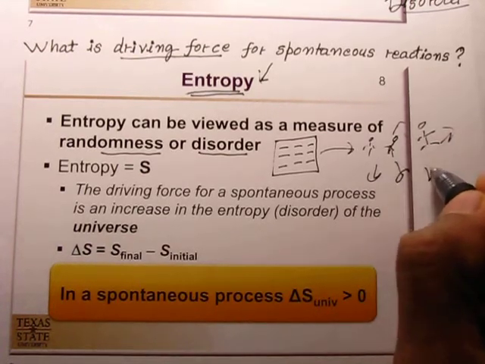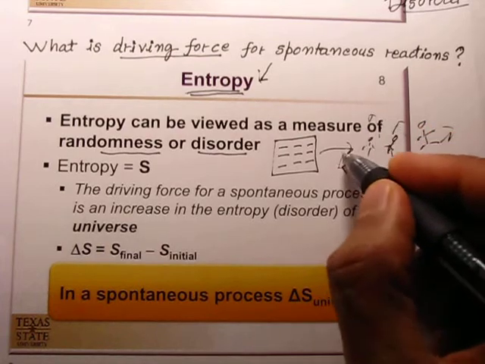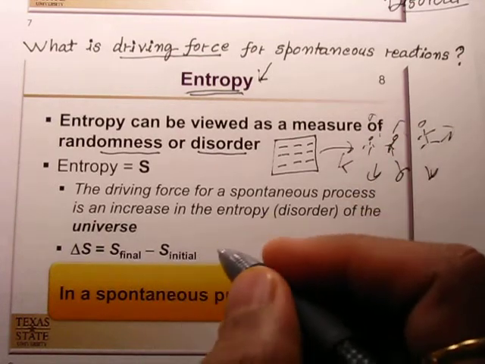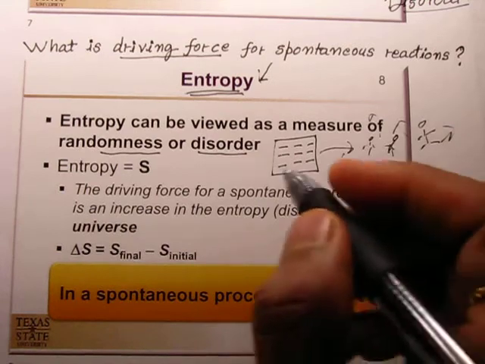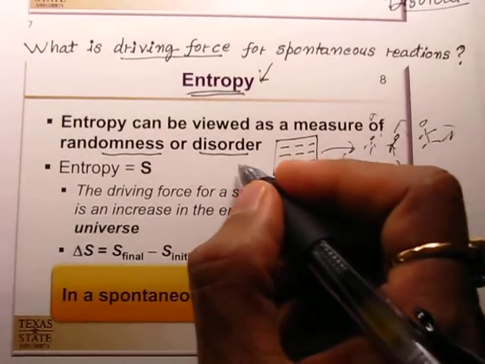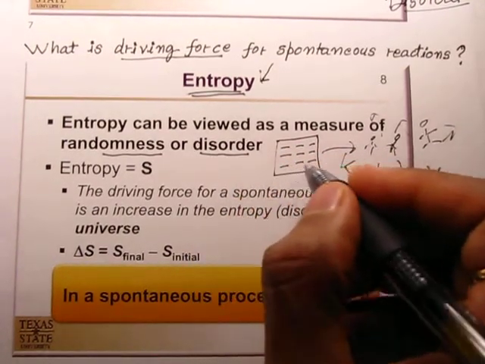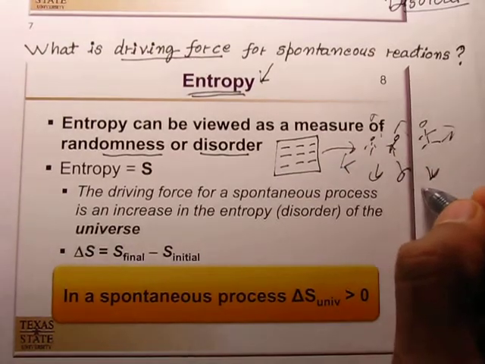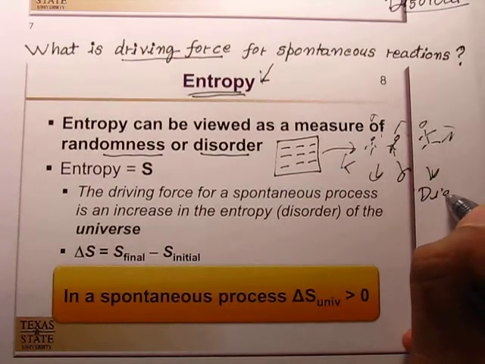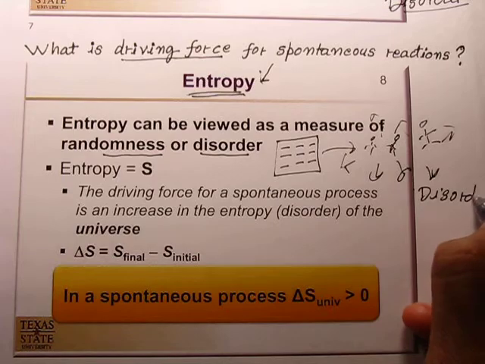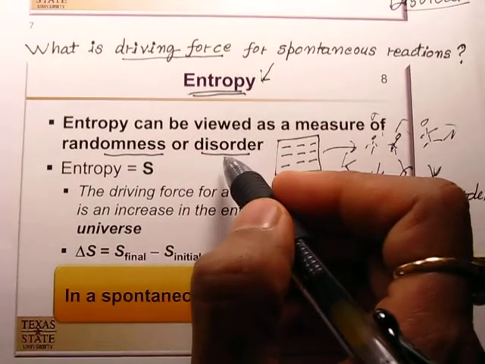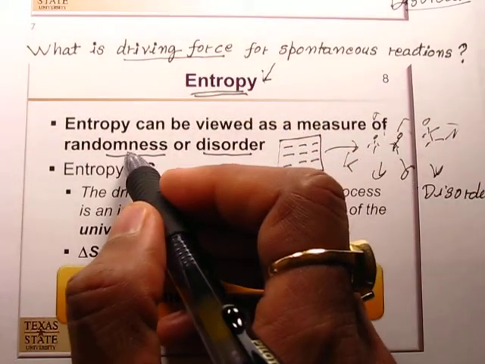In all directions students are going after class. So what happened here? Everything is in order, entropy is less. Here everything is in disorder, right? So entropy means disorder, entropy means randomness.